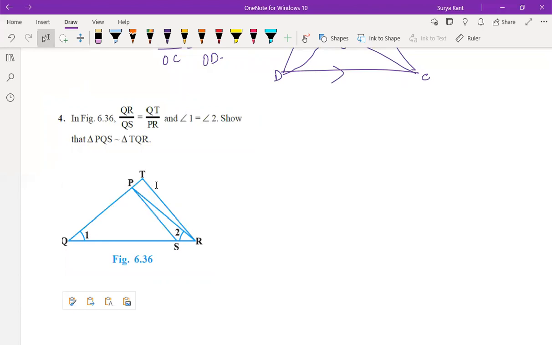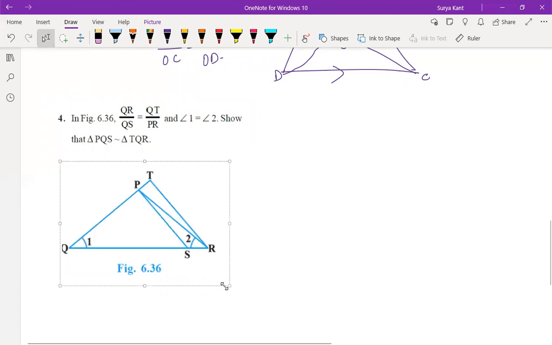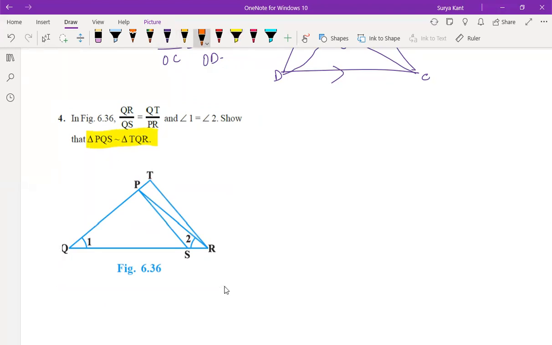In this figure, QR by QS is equal to QT by PR, and angle 1 is equal to angle 2. So take these two triangles separately, okay? Try to make them separate, because we have to prove these two triangles similar.